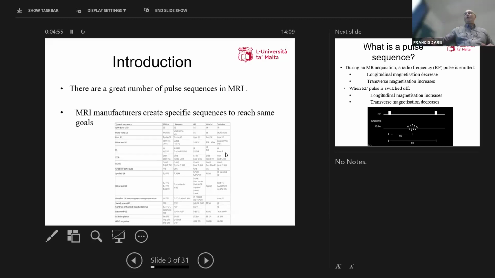Okay? So hemmhekk in the table you have some examples of different types of pulse sequences and the terminology used by the different manufacturers. Just as an example of what I am saying. Okay, some may be similar in names, but some may be completely different, even though the end result is the same.